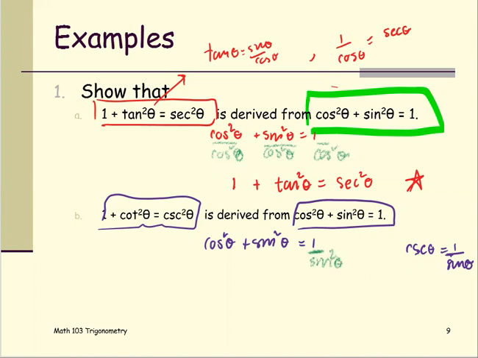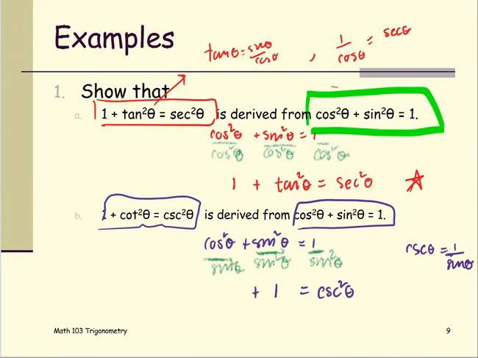If you divide one term by sine squared theta, you have to divide all of them by the same quantity, which is sine squared theta. Now we have the right-hand side as cosecant squared theta. Sine squared over sine squared theta equals 1.